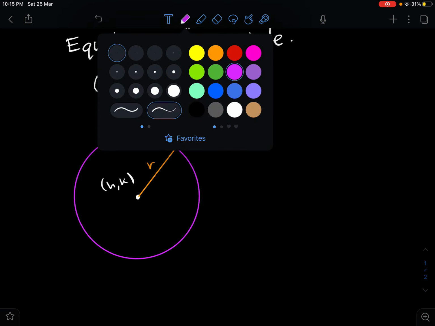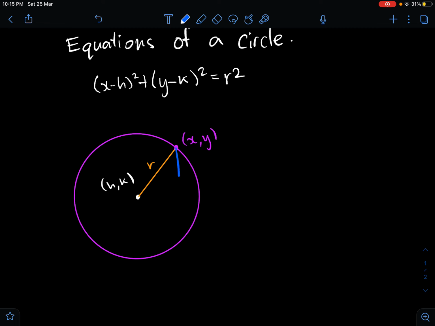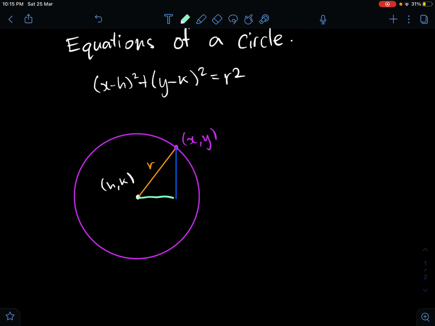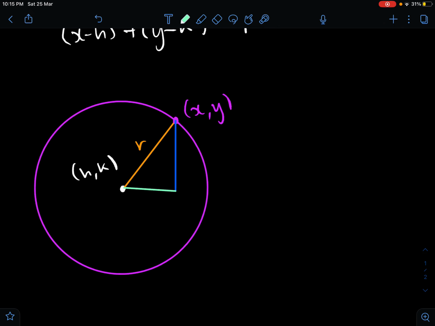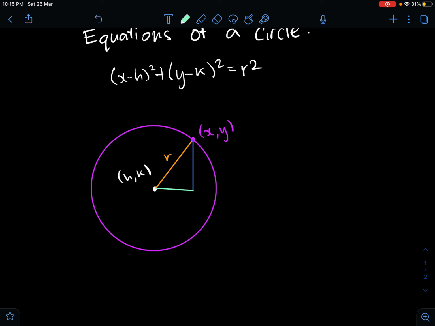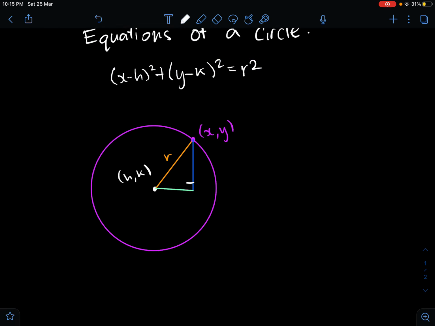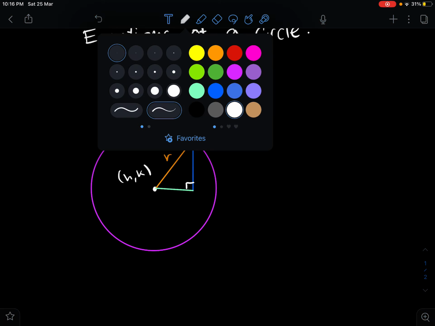Now, if we know that that's x and y, then what we can figure out is this vertical height from the point to in line with the midpoint, and this horizontal length from the midpoint out. And this over here is 90 degrees. So we just draw that.